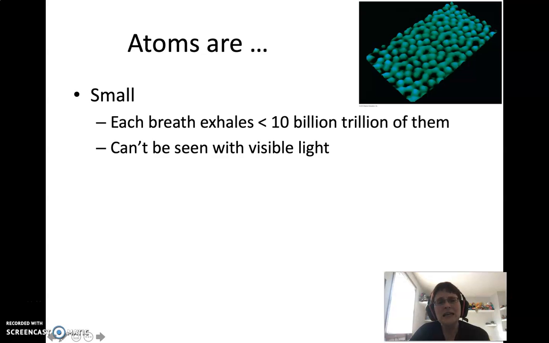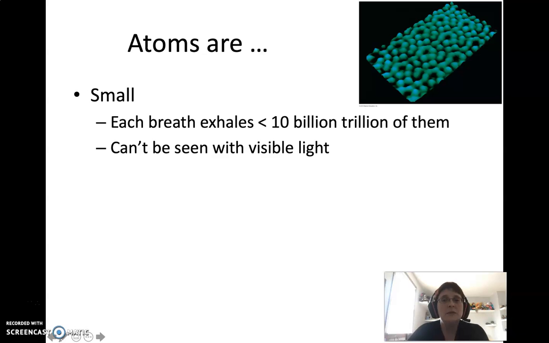They're so tiny that we can't see them with visible light. The wavelengths of light are too big to hit atoms individually. They can hit them when they're in a huge group, but to hit them individually, they're too small. The wavelengths just pass right in between them.